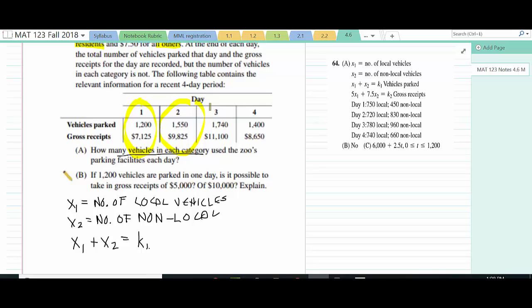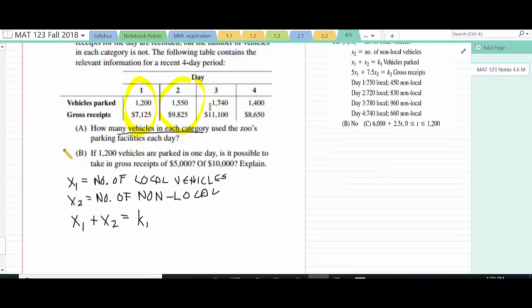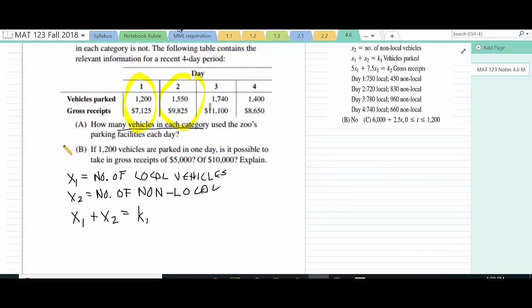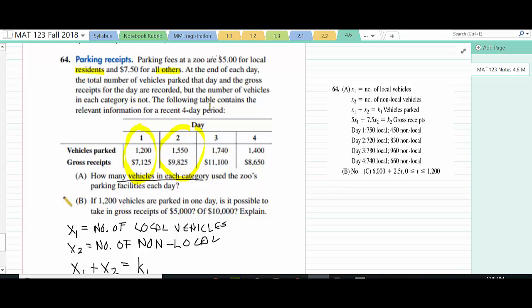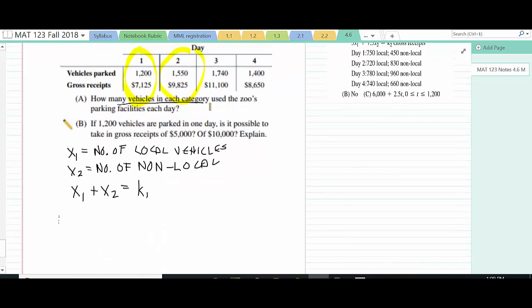Mainly what I want to do is just set up the system on here and then explain what you would do on this problem to get the answers without taking the time on the calculator. Now, the other thing is it said the local vehicles, $5 for each one, $7.50 for others. So the second equation would just be $5 X1 plus $7.50 for the non-local vehicles, X2.